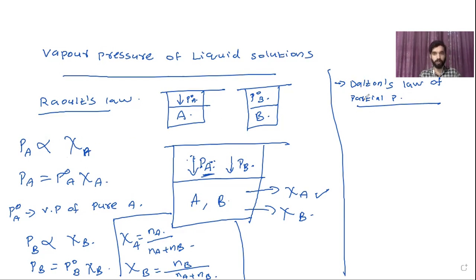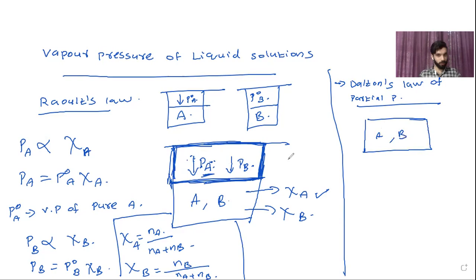So what does Dalton's law of partial pressure say? If you have a container with a mixture of two or more gases, let's take, just think of the vapor phase of the solution. It's like a cylinder with two gases A and B, right? So what does Dalton's law say?